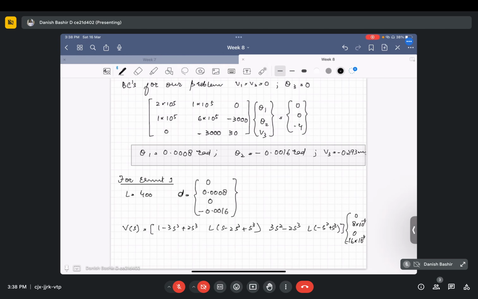If we solve this, we get the equation for V of s in element 1 to be 0.32s minus 0.32s cubed.